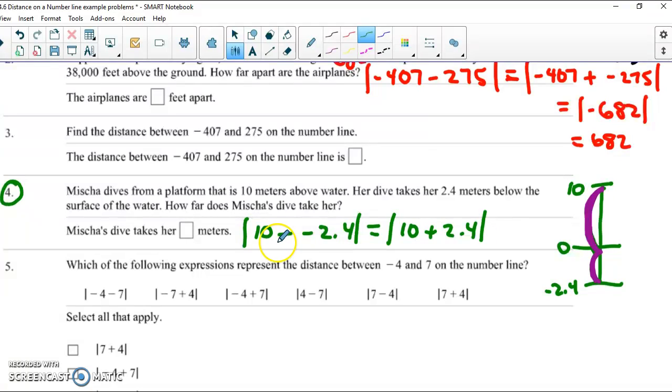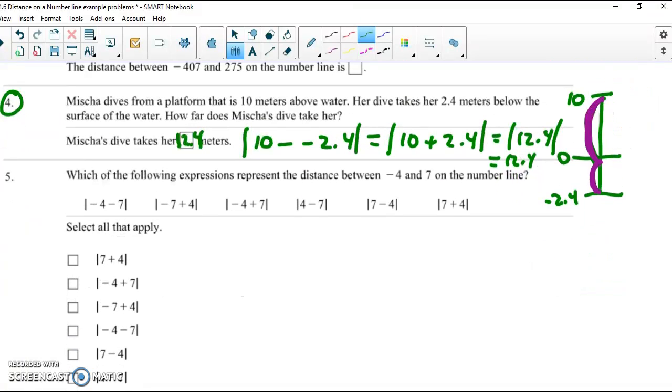Or if you like to think of subtraction as adding the opposite, then I start with 10 and I add the opposite of -2.4, which is positive 2.4. So either way, we get to adding those two numbers, which is 12.4, and the absolute value of 12.4 is still 12.4.